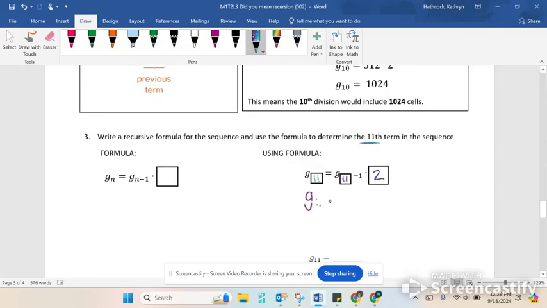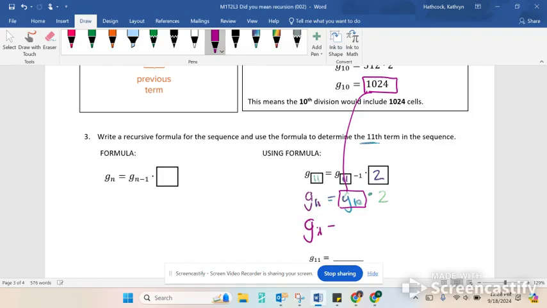This stays as G11, but this is now G10 times my 2. Now my G10, I know what G10 is. It's this number right here. So G11 equals, that's an 11, I promise, 1024 times 2, which gets you 2048.